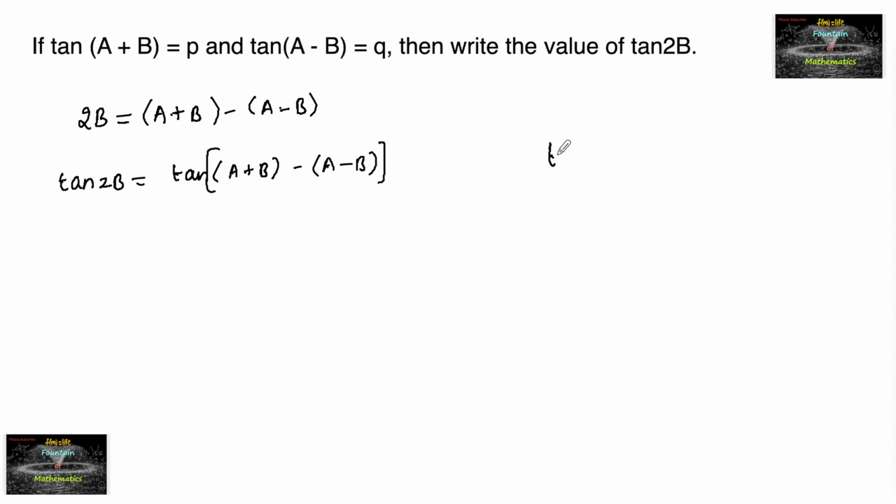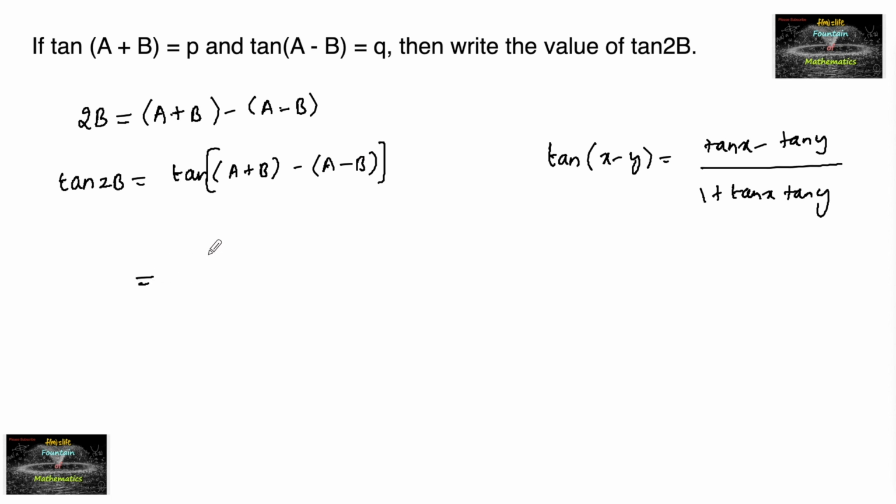It is in the form of tan(x minus y). We can write it as tan x minus tan y upon 1 plus tan x tan y. So here x is equal to a plus b and y is equal to a minus b.